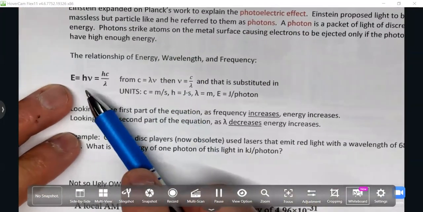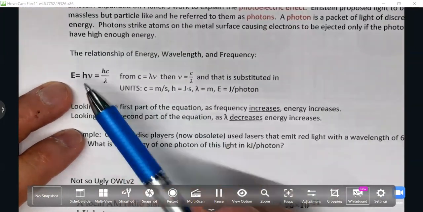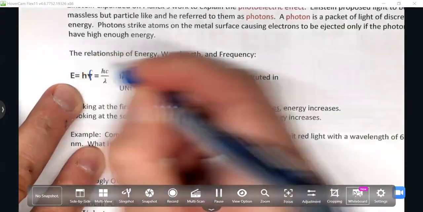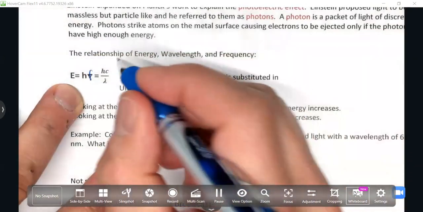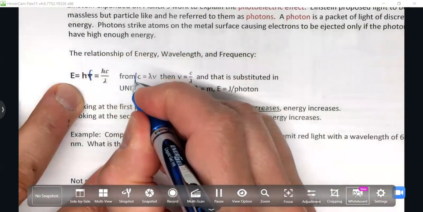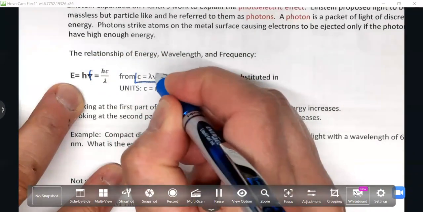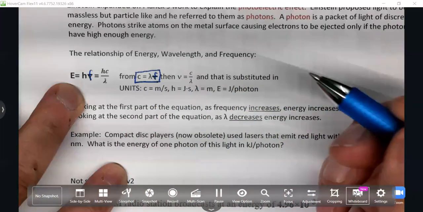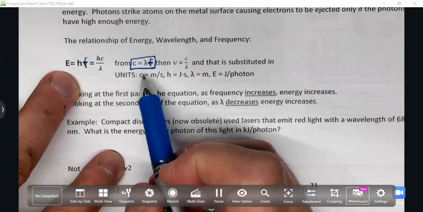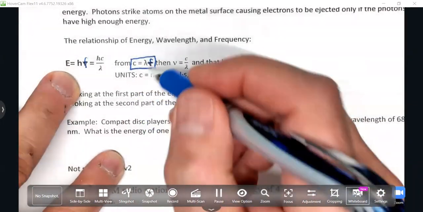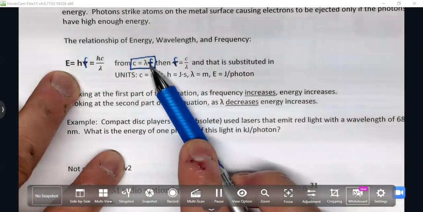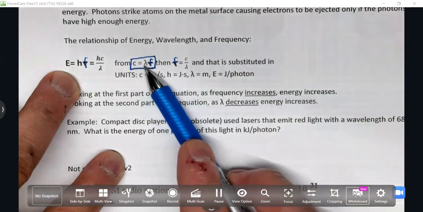So here's our beginning equation of Planck. But if we substitute in frequency here from this, we've already worked with this equation, right? C is equal to lambda F. And if we solve this for frequency, it would be the speed of light divided by the wavelength.